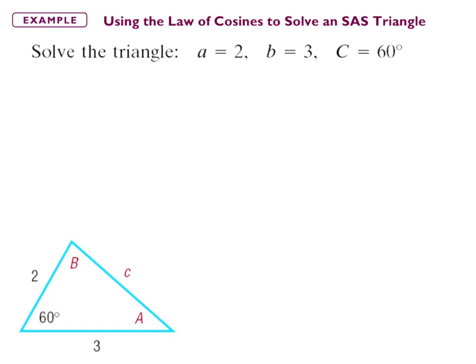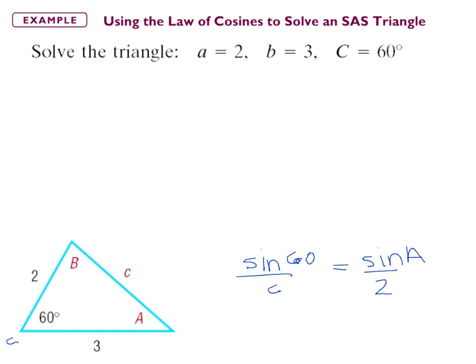Nothing is opposite. So the problem with this is if I try to use the law of sines, I'll say the sine of C over C. So I have the sine of C, that's 60, right? But I don't know what C is equal to, and even though I know A or B, I have another unknown here, right?